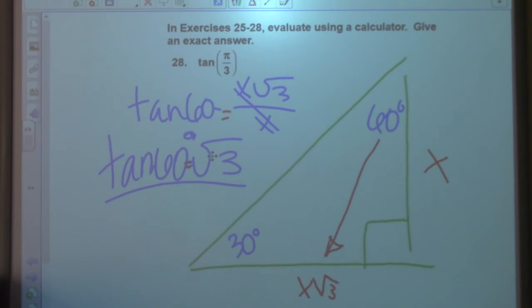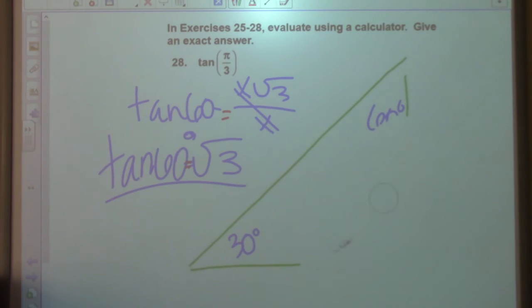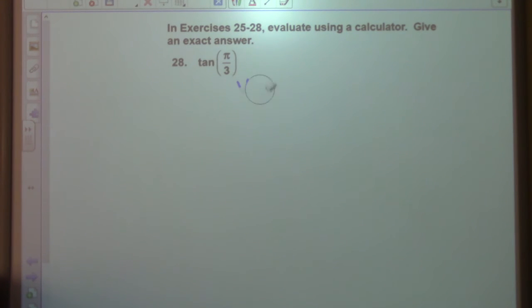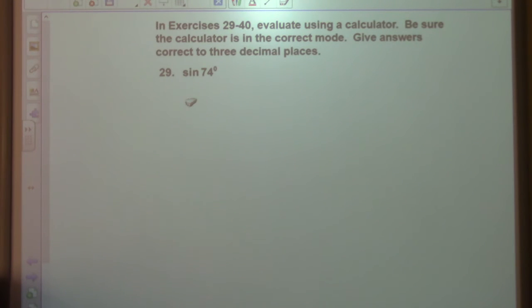So, Mr. G, do we have to be in radians or degrees? I'll tell you, most of the time I recommend pre-calculus students have their calculator in degrees. Now you can switch to radians depending on the situation.